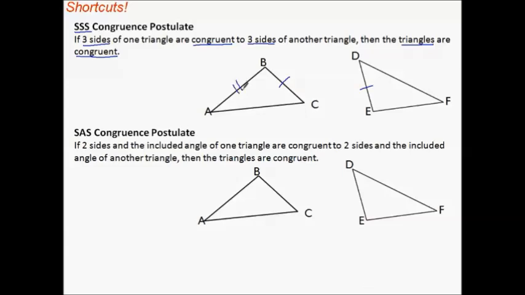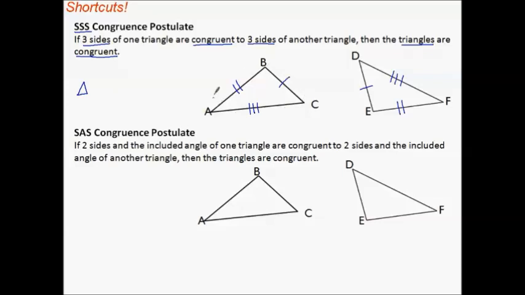Side AB is congruent to side EF, and side AC is congruent to side DF. That is enough information to say this triangle is congruent to this triangle, and therefore we can write a congruent statement. Make sure we match up the corresponding parts that are marked when we attempt to write this statement.